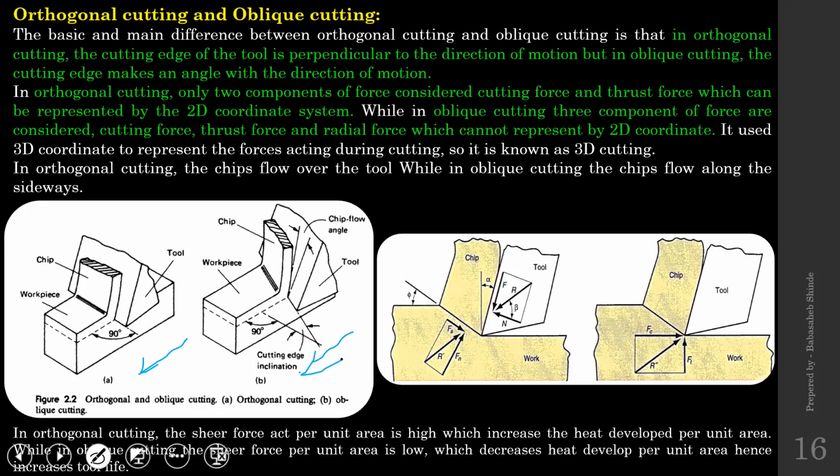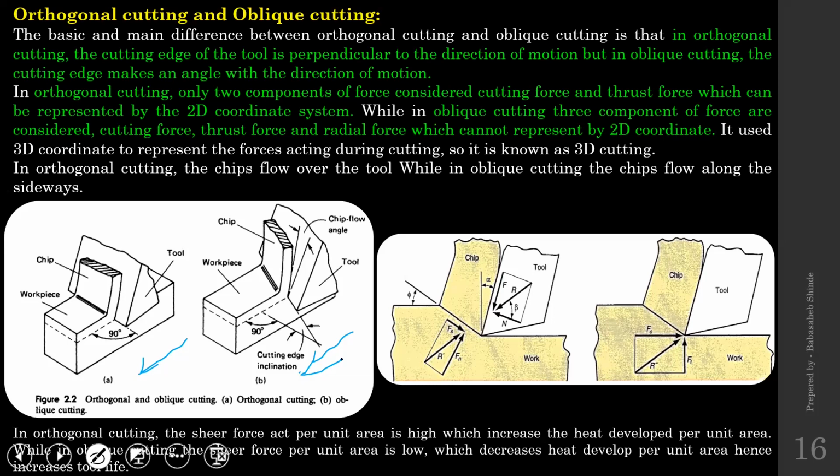Now a few additional differences come into the picture because of this cutting tool edge orientation. What are the additional differences? In case of orthogonal cutting, we need to consider only two cutting forces.